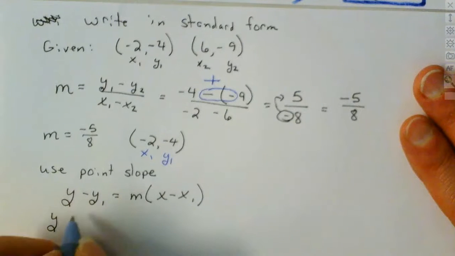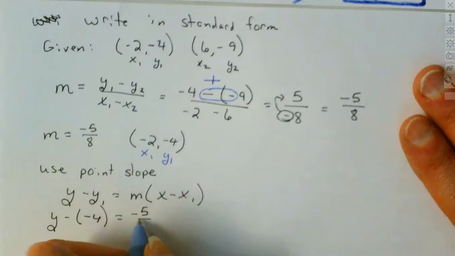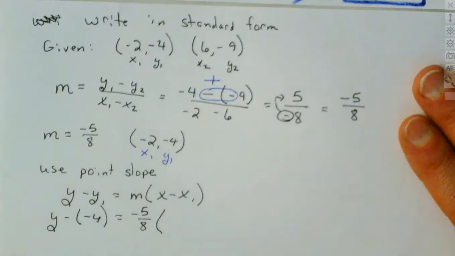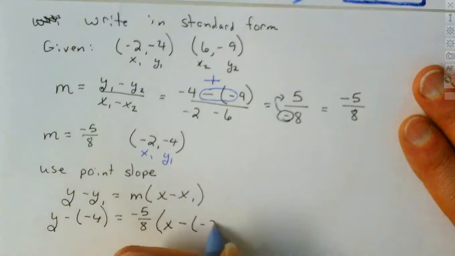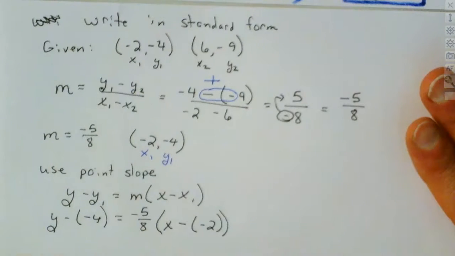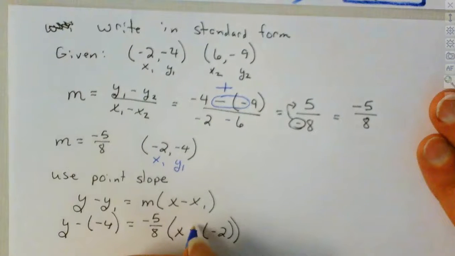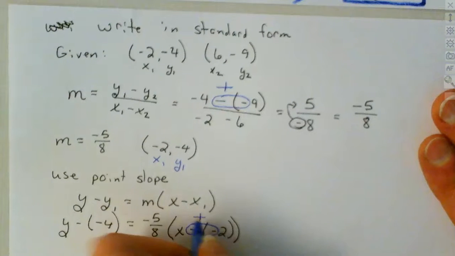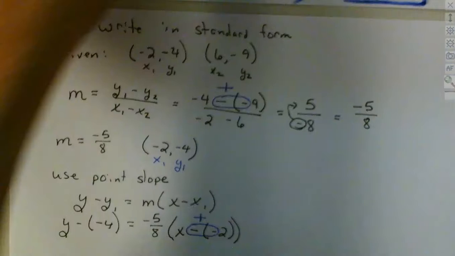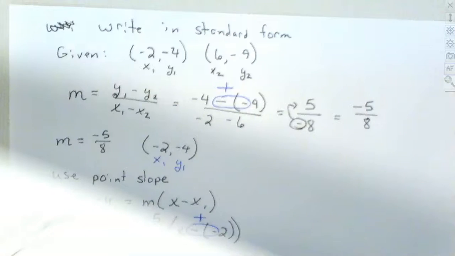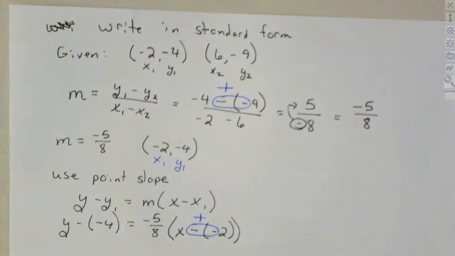So that's y minus a minus 4 equals minus 5/8, that's my slope, times x minus a minus 2. And what do we know about the double negative here? The double negative is going to make that now a what? Positive. Okay, and we'll go ahead and distribute that through.